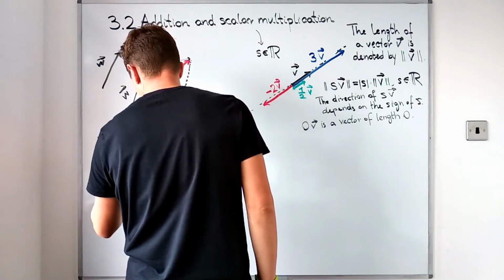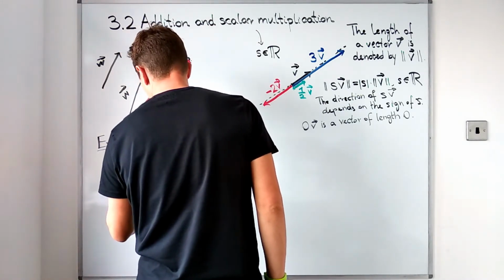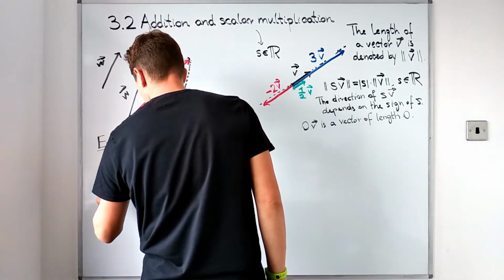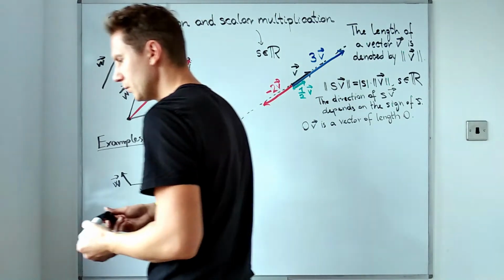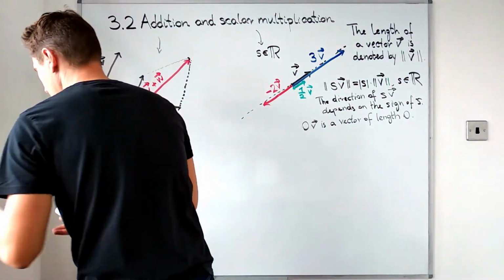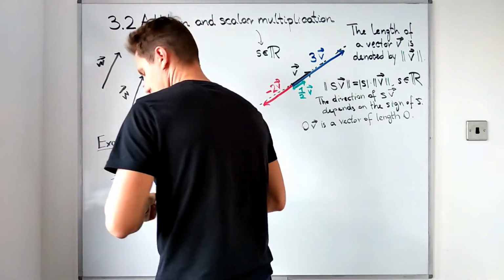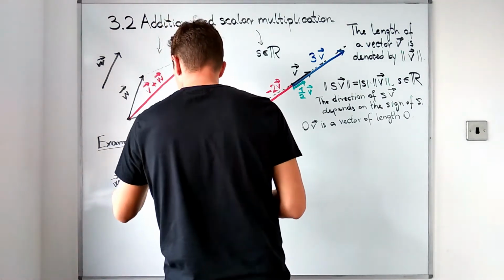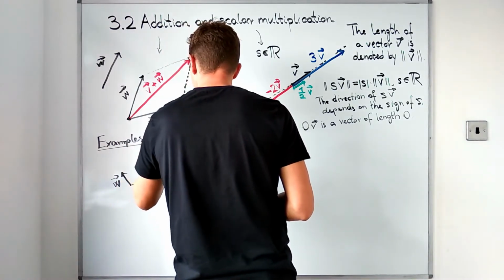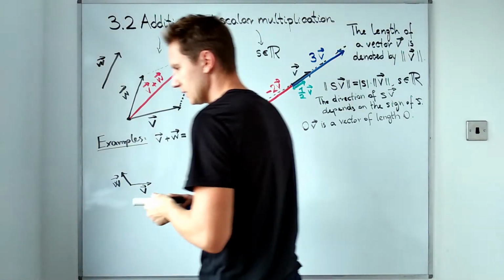Let's say this is w and this is v. What I'd like you to do is pick the sum of v plus w. Which of the following vectors is v plus w?